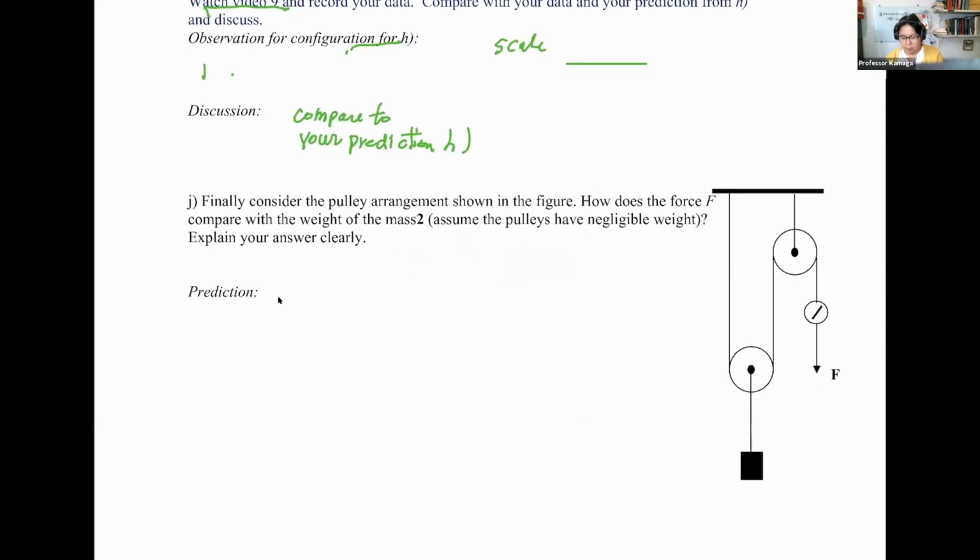Finally, consider the pulley arrangement shown in the figure here in J. How does the force F compare with the weight of mass 2? See, this is mass 2, which is the toy collection 2.